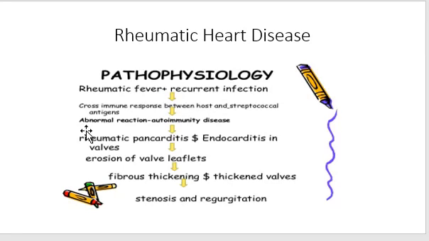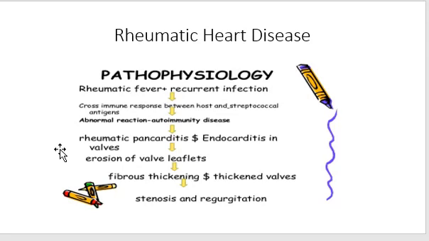The one lab that we see is an elevated ASO, which is called an anti-streptolysin O titer. Again, an elevated ASO is done to test for rheumatic fever. And rheumatic fever tends to reoccur, and may tend to cause more damage to the heart.